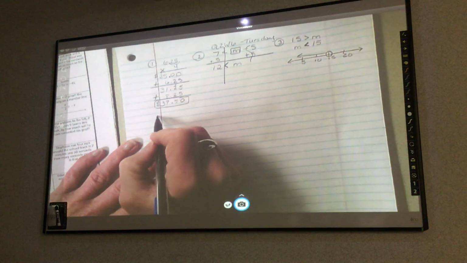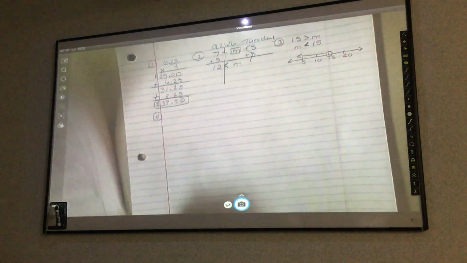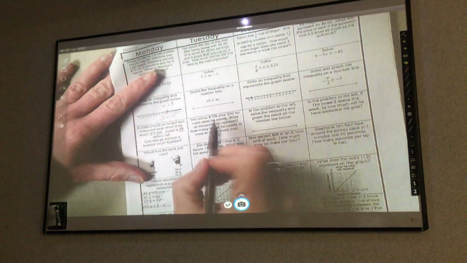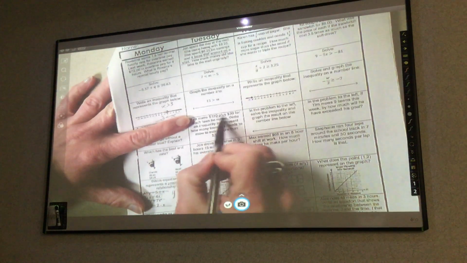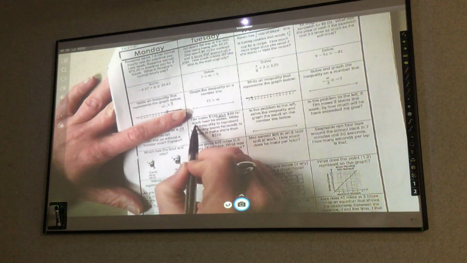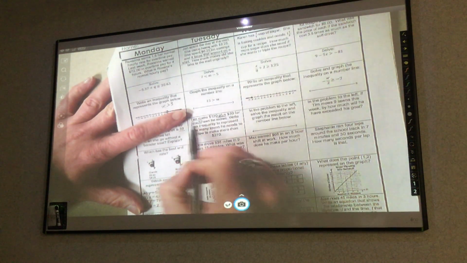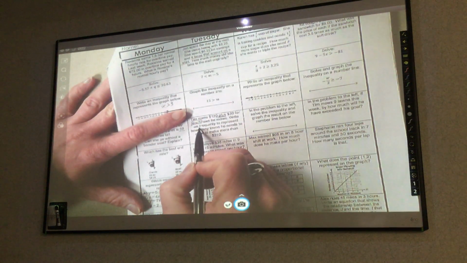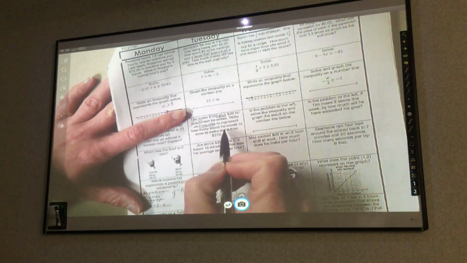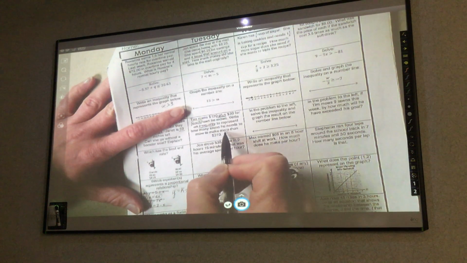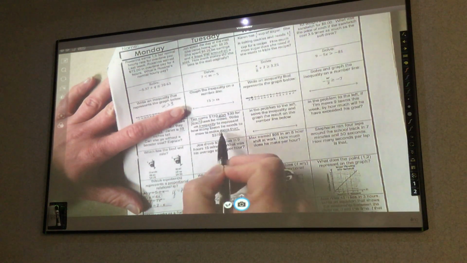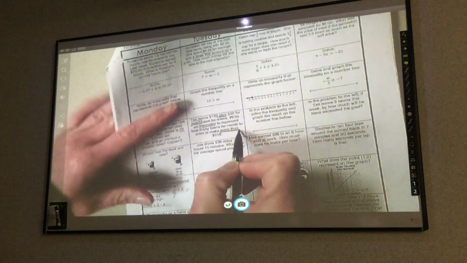Number 4. Tim earns $120 plus $30 for each lawn he mows. Write an inequality to represent how many lawns he needs to mow to make more than $310.